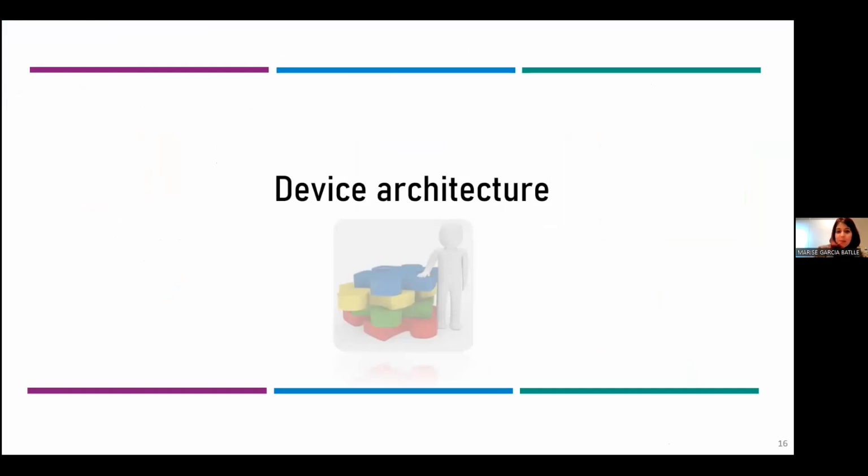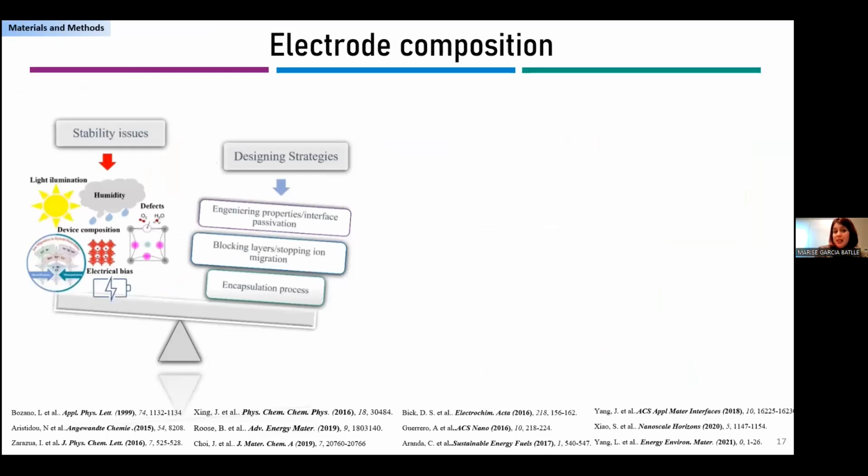The next step in the preparation of this device was to think about the architecture, because, of course, perovskite materials present many stability issues. There are many papers in the literature talking about device degradation promoted by light, humidity, and oxygen.